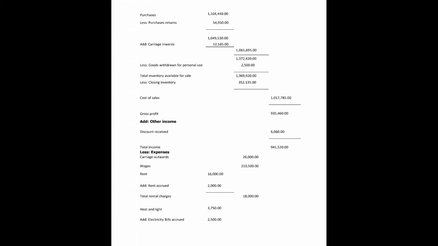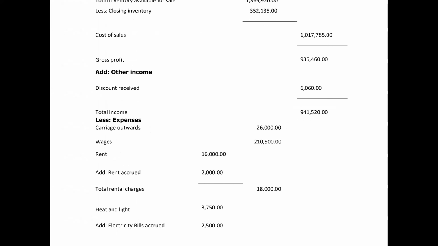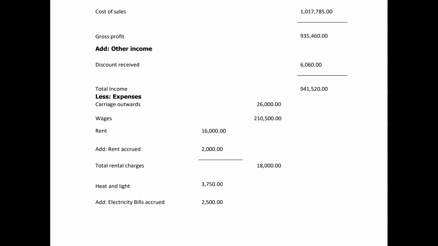Then from there, discount received is an income you add. The total income is that now. Then you less expenses because all these things that we had are expenses. Carriage outward is an expense. I'm validating that now. Then wages are that, rent is that. With rent there is an accrued rent, like there was some remaining balance of rent.